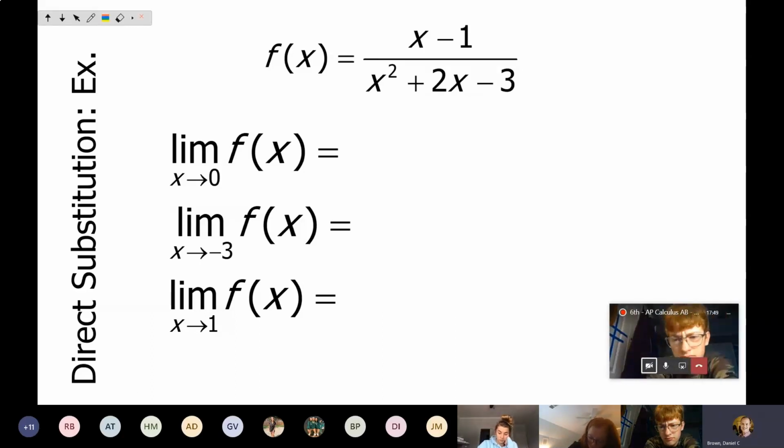So go ahead and do that for me pretty quickly. You should notice we get 3 different types of answers. Don't worry about factoring anything right now. I just want you to plug it in as written and then simplify your answer. So go ahead and try that for me.